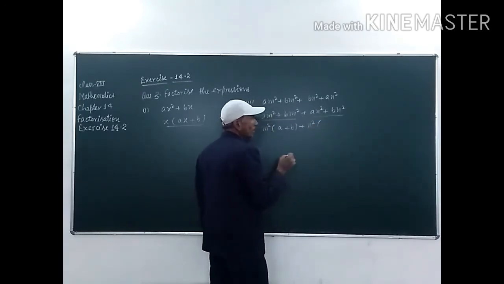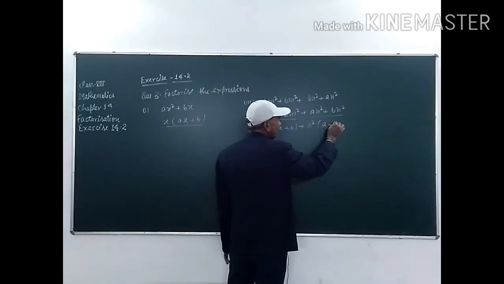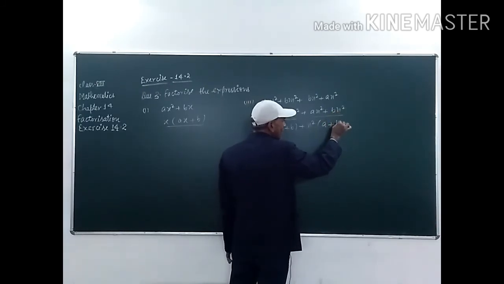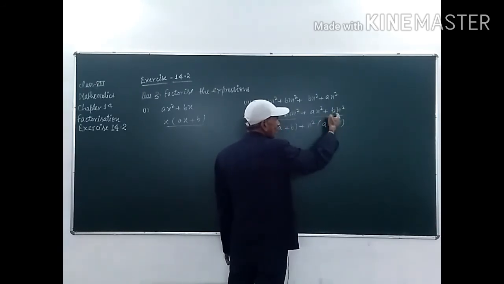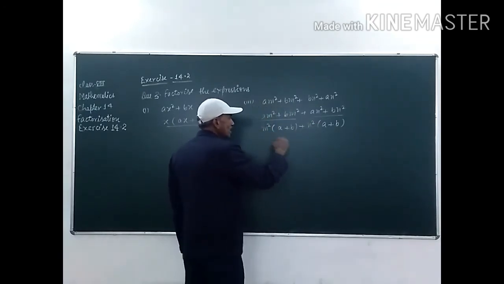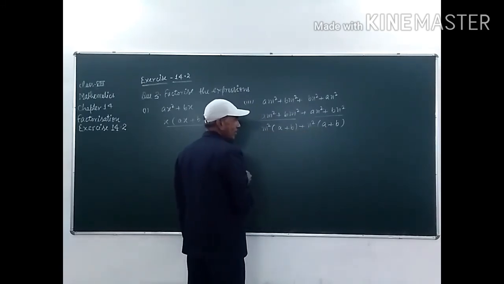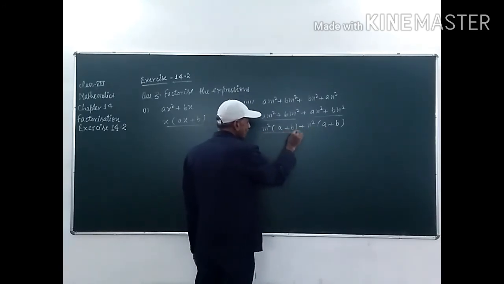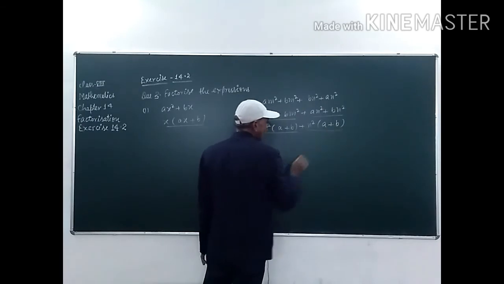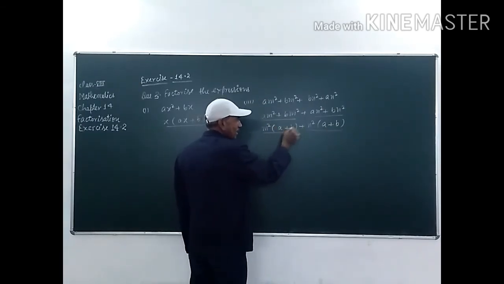So what will remain in the first term? That is a, and in the second term that will be b, because n square is taken as common. So what is the common in this whole expression? There are two terms, students, this one first term, this one second term, and in these two terms there is a common, that is a plus b.